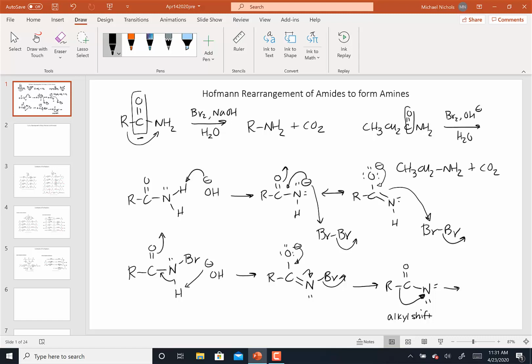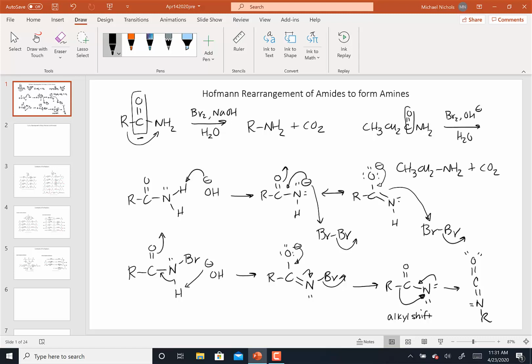And what we'll end up forming then is we'll have the C double bonded to the O. And then as we move that pair of electrons to the nitrogen, this pair of electrons can be used to form a double bond. So we'll have a double bond to the nitrogen, and then we'll have our R group there with one lone pair left on the nitrogen and 2 lone pairs on the oxygen.